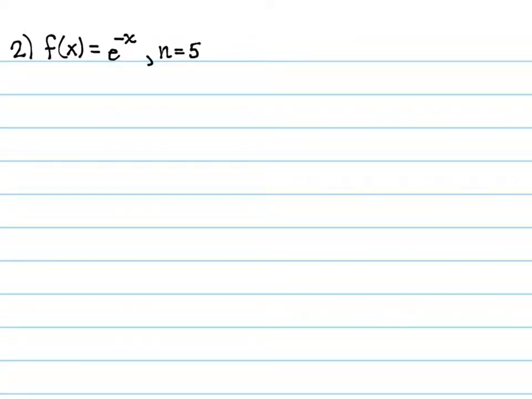You need to find how many derivatives this time? 5. And we're still evaluating them at 0 because we're still finding Maclaurins. So find me 5 derivatives, evaluate all 5 of them at 0, and see if you can piece them together into that 5th Maclaurin polynomial.